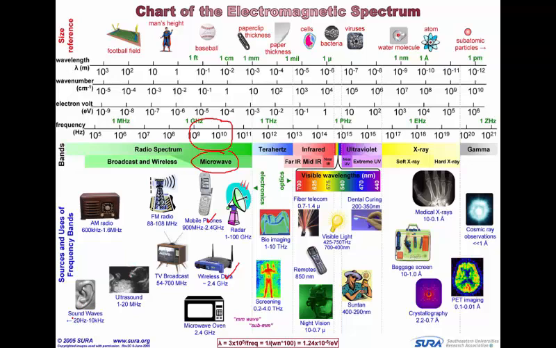And then our voice is somewhere here in this frequency, for example, 20 kilohertz, very, very low frequency. And the wireless communication highly widely used right now is the frequency of microwave.